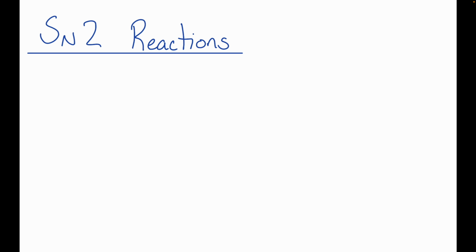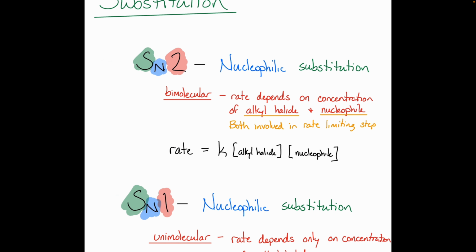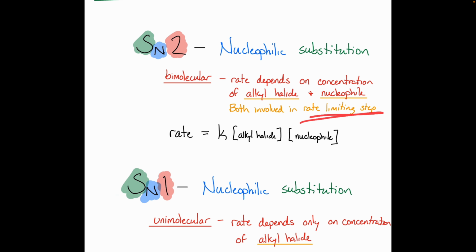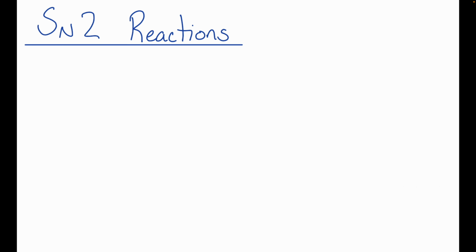The key to understanding the differences between these two is that they correspond to different mechanisms. The names, the 1 and the 2, come from the kinetics, but we're talking about the rate limiting step in their mechanisms. So the big difference is how we draw our electron pushing arrows for SN1 versus SN2. Let's look at our reaction mechanism.